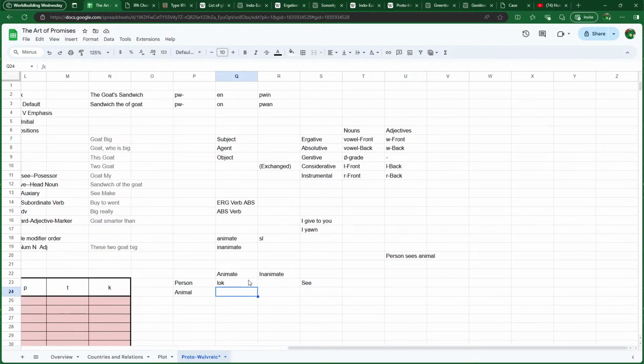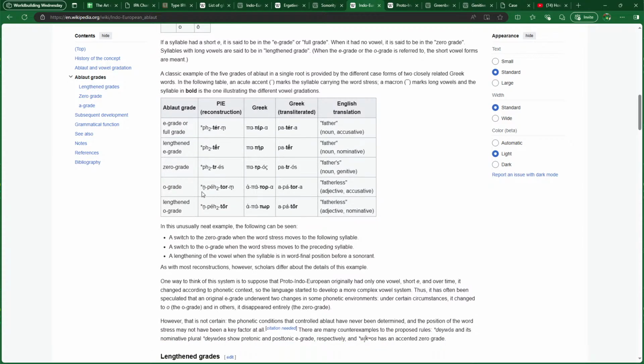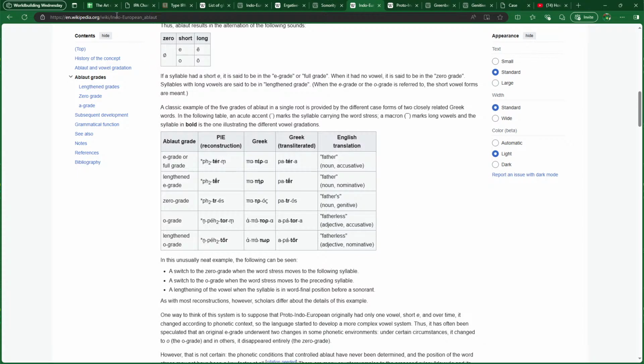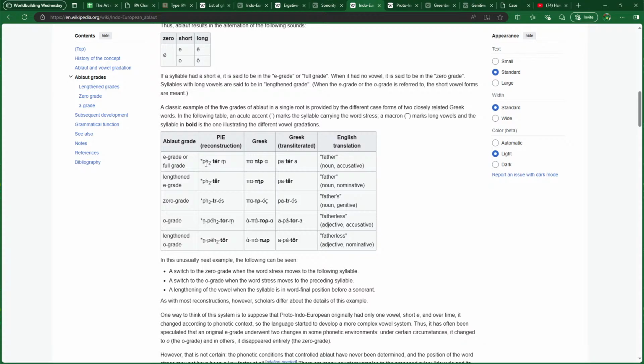So the way that it works in Proto-Indo-European: we've got pter, or this one is pterm, this one is pter, this is ptres, this is npetor. The root of it is PHTER, Peter.